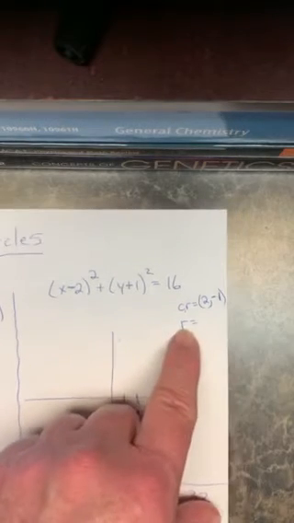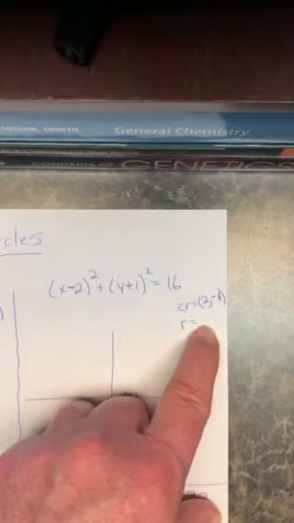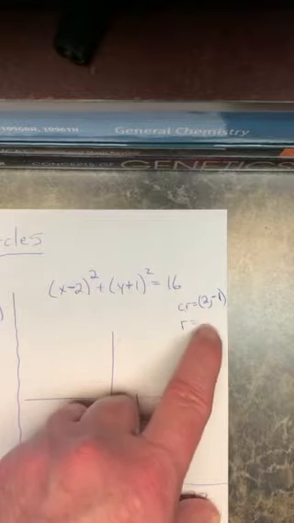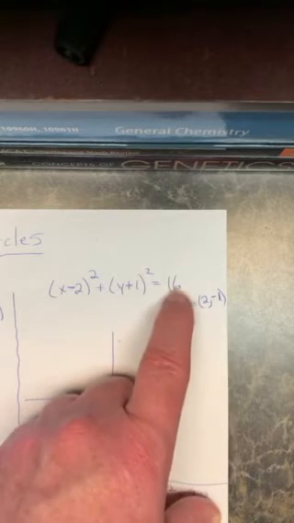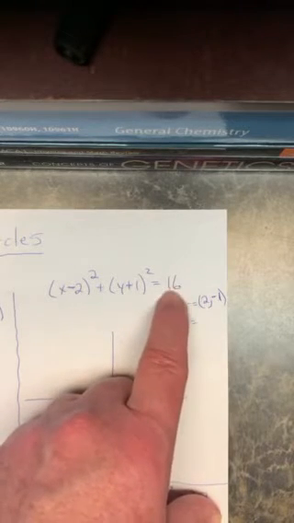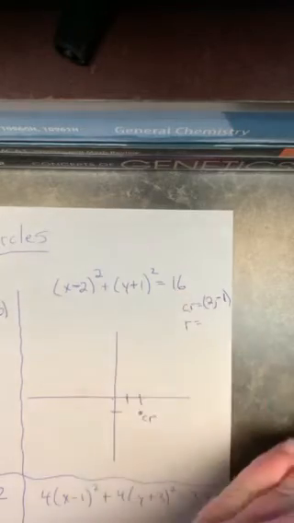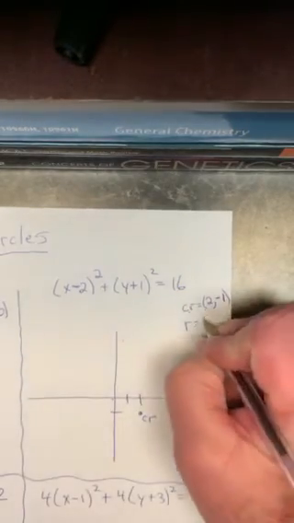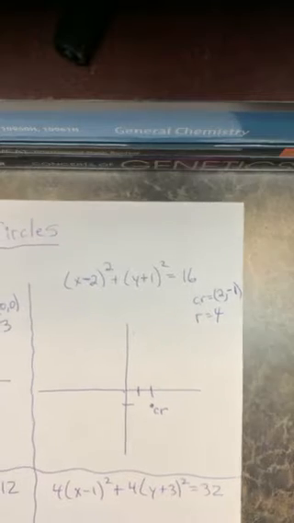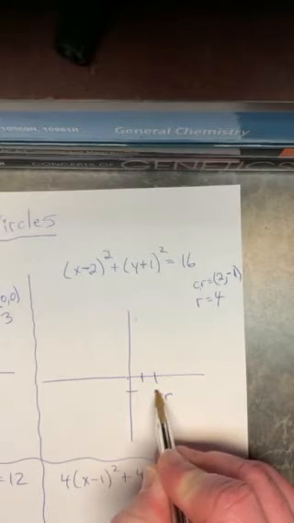Now, the radius, of course, is not 16. You don't cut it in half. The radius is not 8. You square root that number, because what number did you square to get 16? Our radius would be 4. So go to the center of your circle.